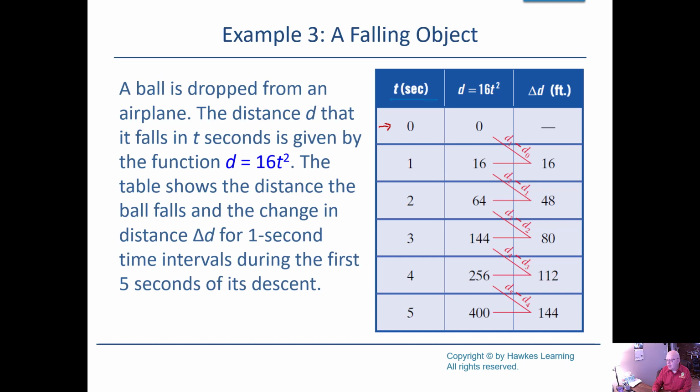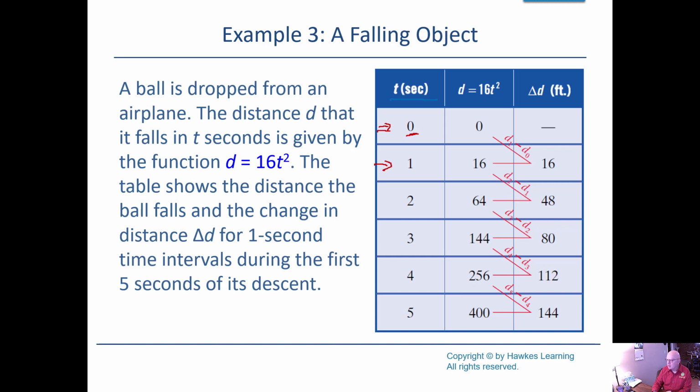But these are in seconds, so this particular line represents what's happening at 0 seconds, in other words, when you start this experiment. And the second column says, how far has that object fallen from the airplane at this point in time? Well, it hasn't fallen at all, so it's 0 feet.